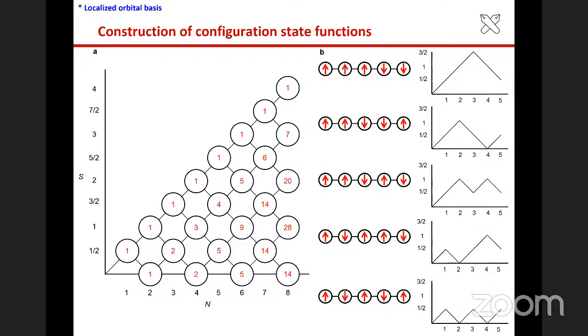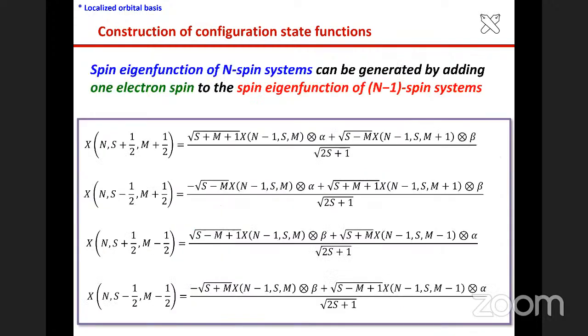Basically, in order to generate the spin eigenfunction, we first specify the spin configuration, and after that we apply this recurrent formula to obtain the corresponding spin eigenfunction. Using this approach, we can generate an arbitrary spin eigenfunction for an arbitrary spin system.